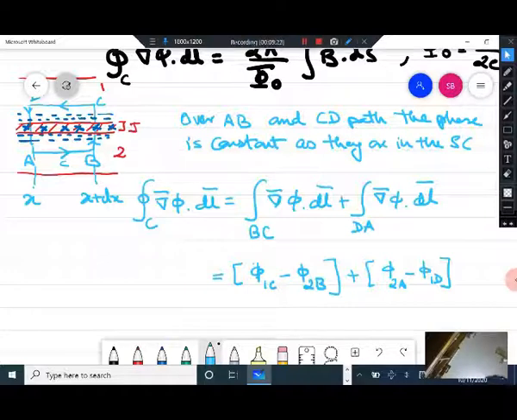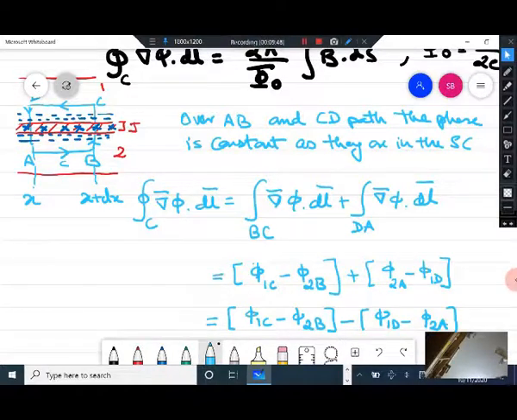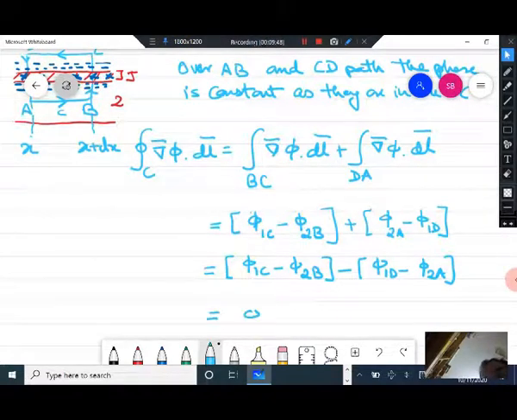So this I can represent as phi 1C minus phi 2B minus phi 1D minus phi 2A. Just rewriting this expression so that it is superconductor 1 minus 2, this is nothing else but the phase difference at x plus dx minus the phase difference at x, where delta represents the phase difference.